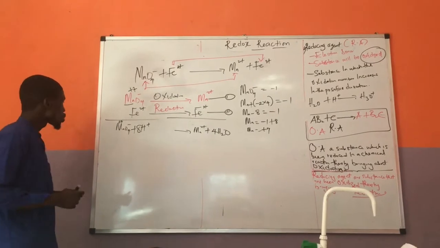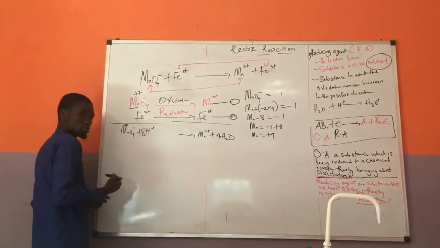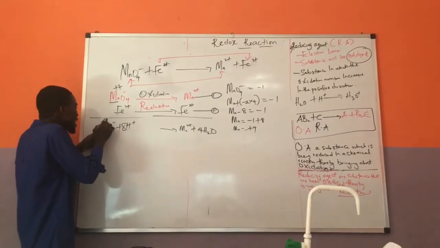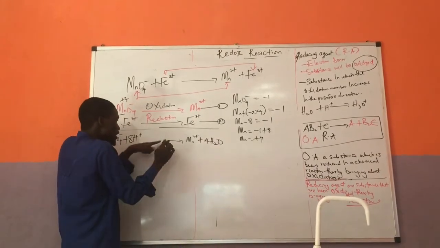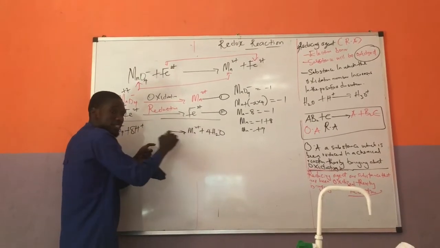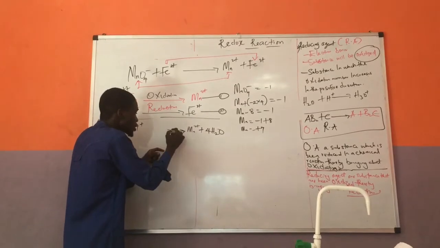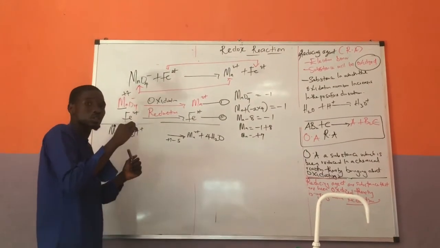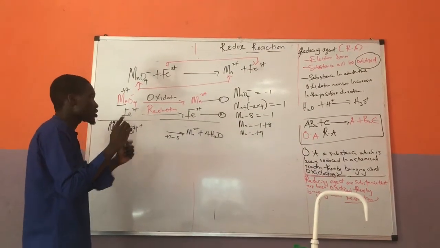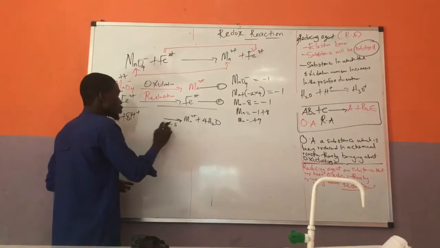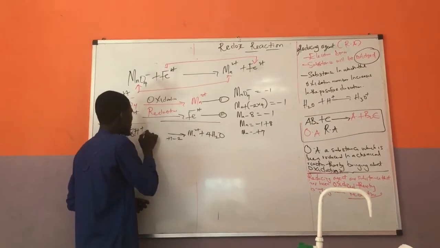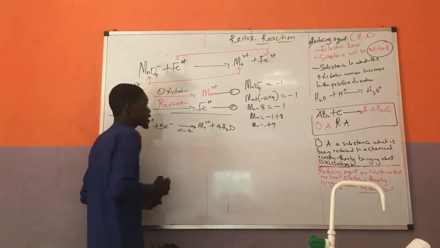Are you with me now? So with this, the charge here is plus 7, and the negative sign shows the number of electrons that this manganese is losing. So 7 minus 2, we have plus 5 electrons.